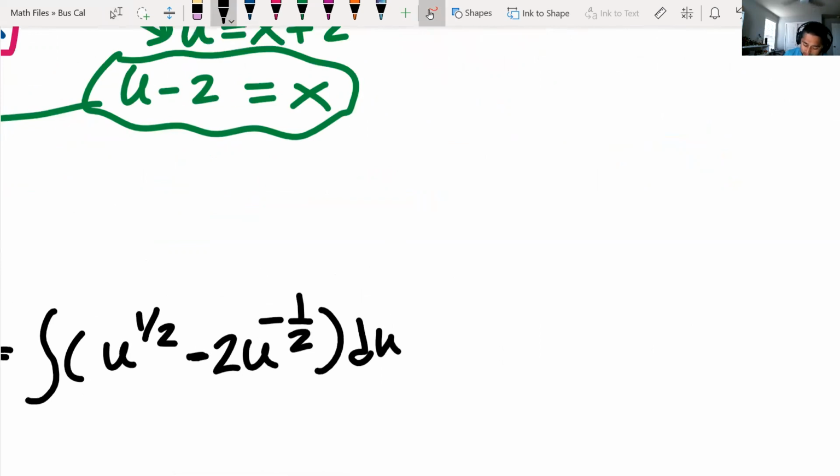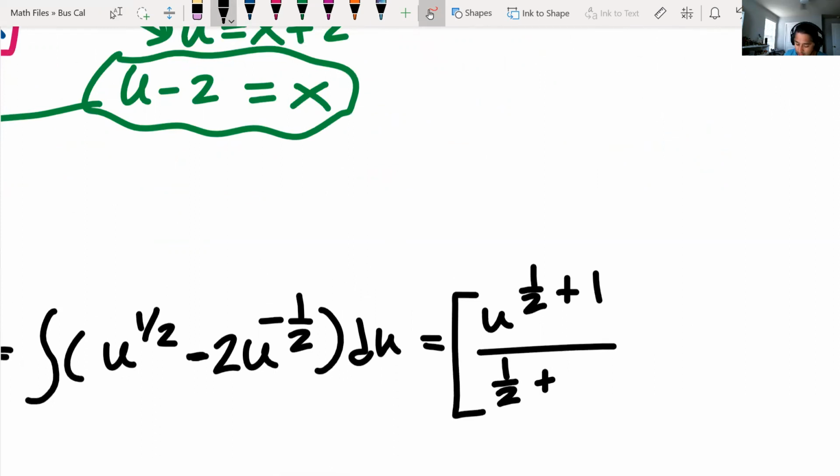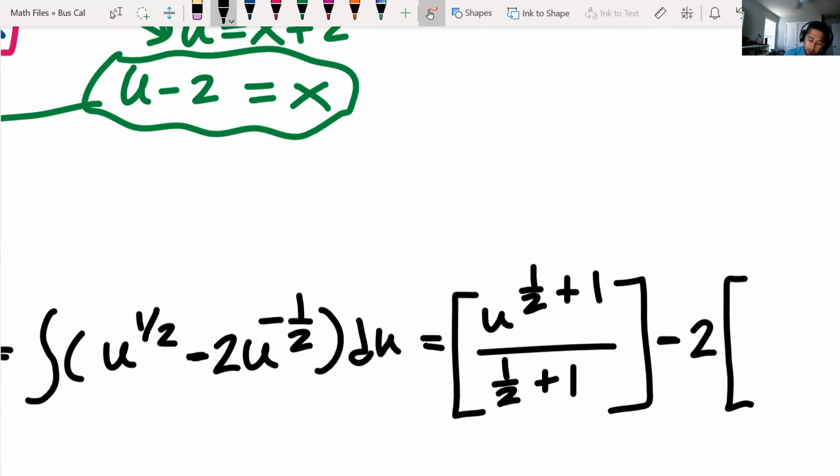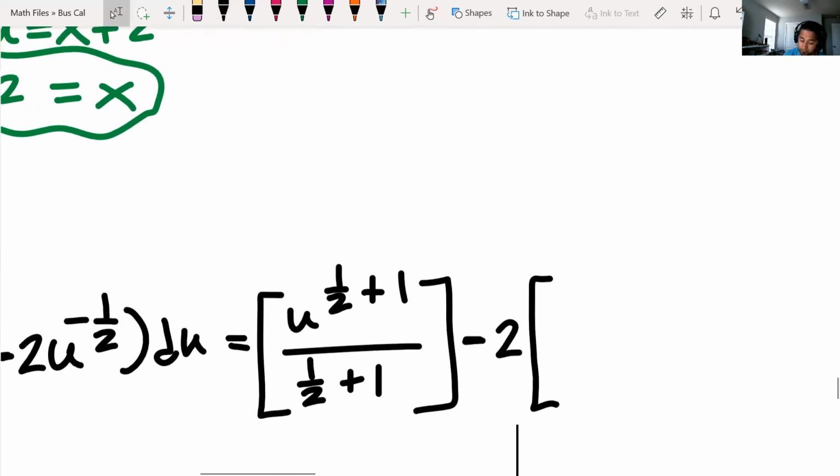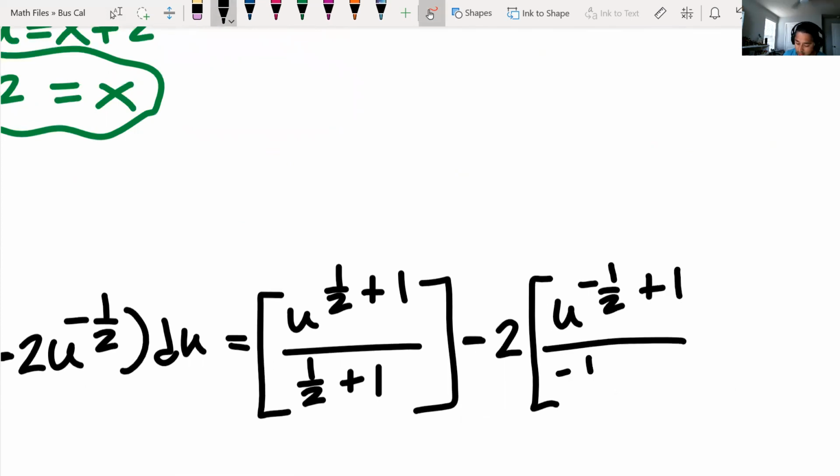For the first one, since it's a fraction, I'll help you out again. You get u to the 1/2 plus 1 over 1/2 plus 1. That's for the first one. Minus 2 times, and again, power rule with the fraction. u to the negative 1/2 plus 1 over negative 1/2 plus 1.